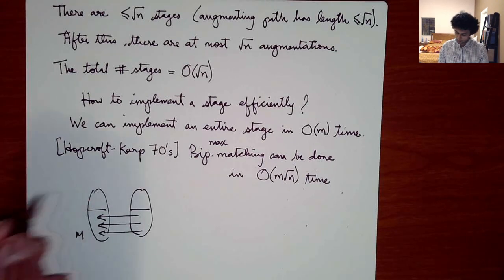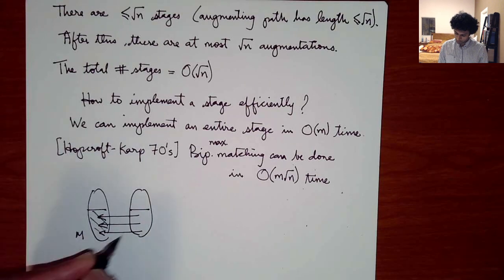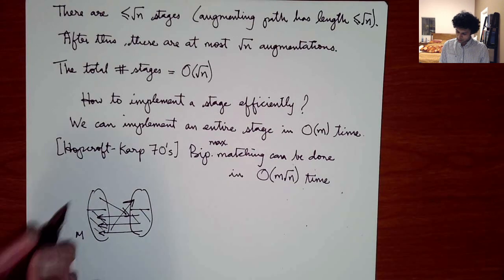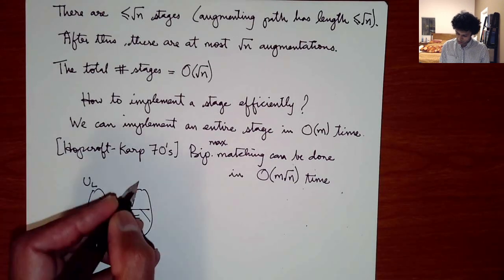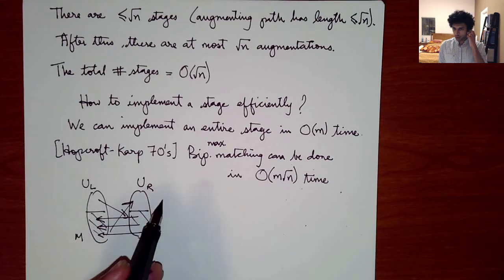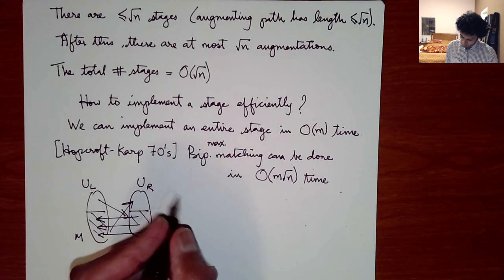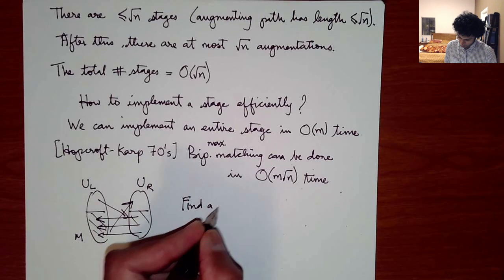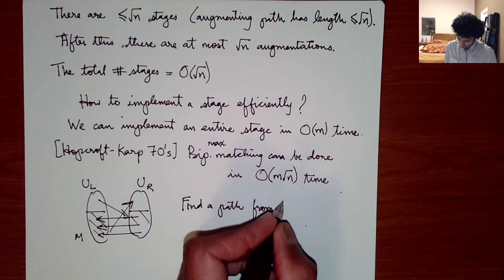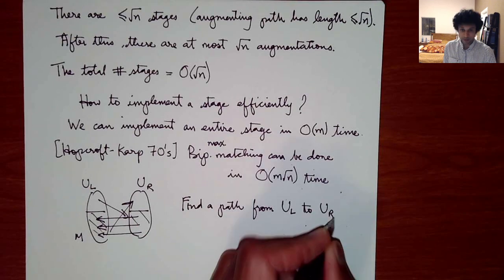All of this was matched, and we directed all the other edges forward. Let me refer to this as UL and UR, the unmatched part on the left and the unmatched part on the right, and we find a path from UL to UR, and that was the augmenting path.